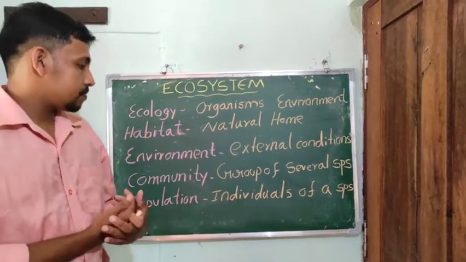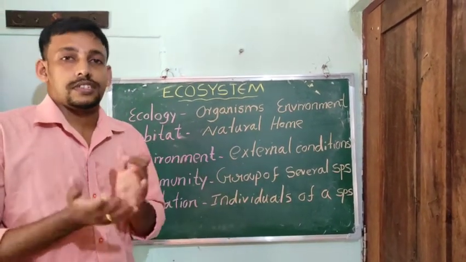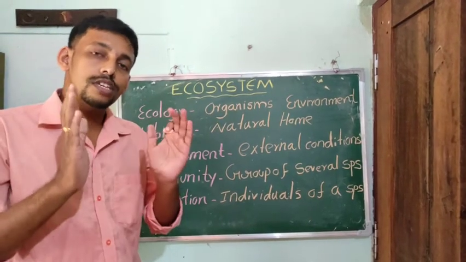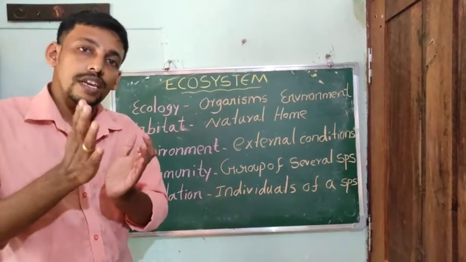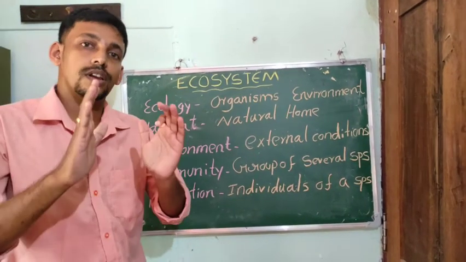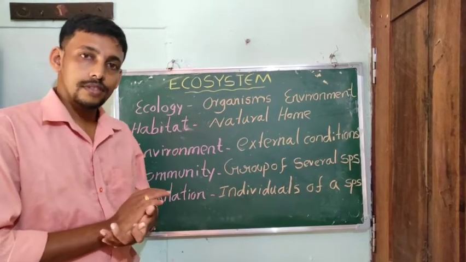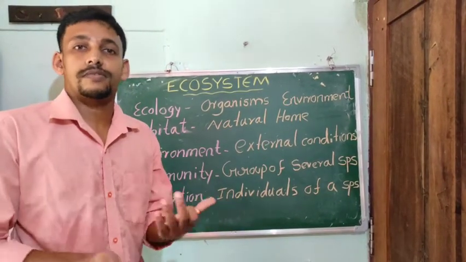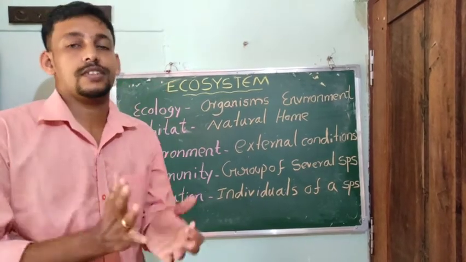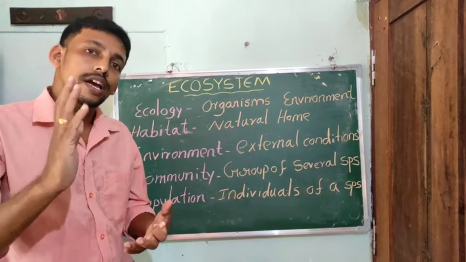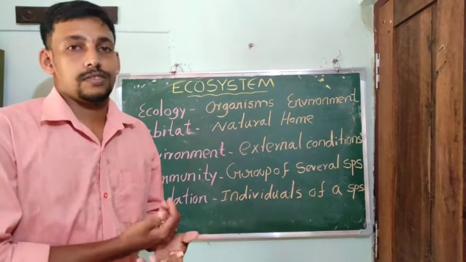Then population. Population means all the individuals of a species. All the individuals of the same species which live in a habitat, in a particular area, are known as a population. So there is the human population. Okay, so in the human population we can see only the human species. So there are different populations for different species of organisms.